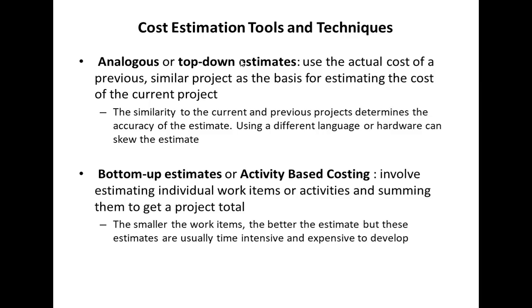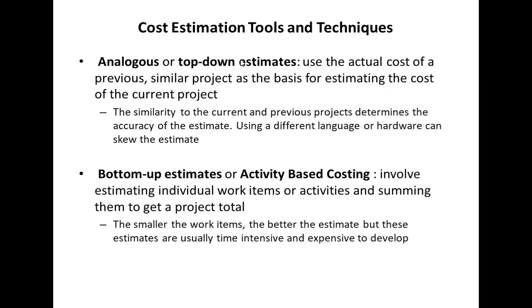If it's exactly the same thing, we could have a better measurement of the cost by using this analogous or top-down estimate. Okay. So the similarity to the previous project plays a major role in deciding the accuracy.